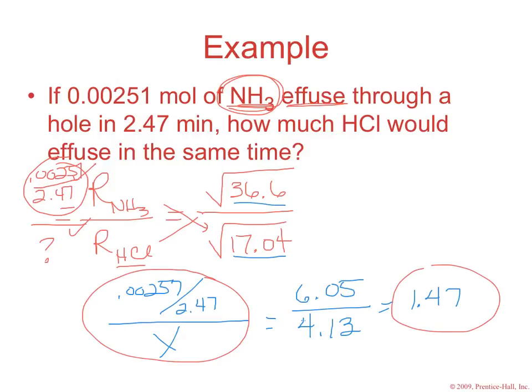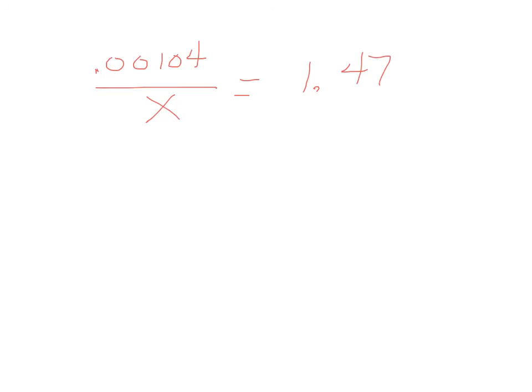I can simplify it just a little bit further by finding out what this rate is for ammonia. So 0.00251 divided by 2.47, and that is equal to 0.00104. Oops, that's a 4. And I'm going to rewrite this on the next page. Alright, so now it looks a lot more doable.